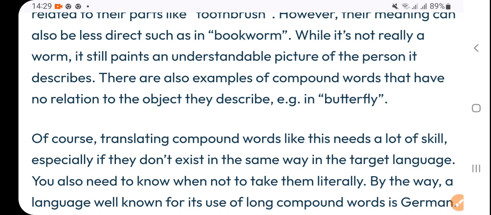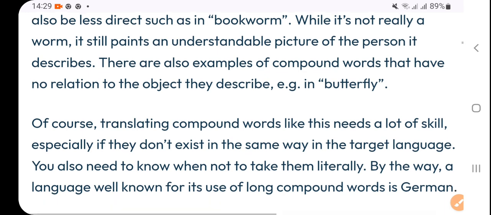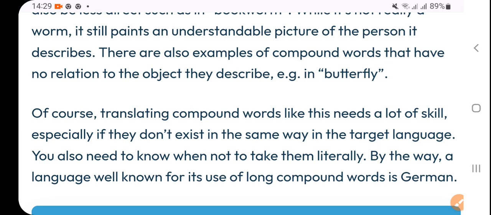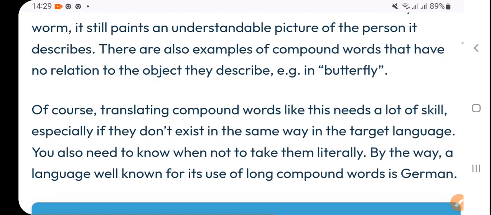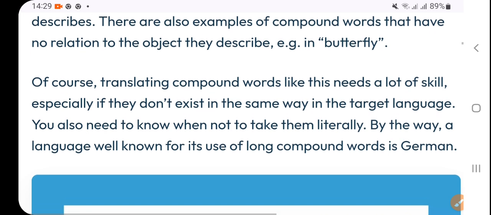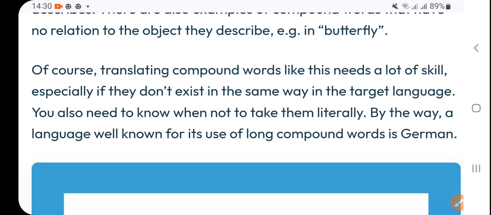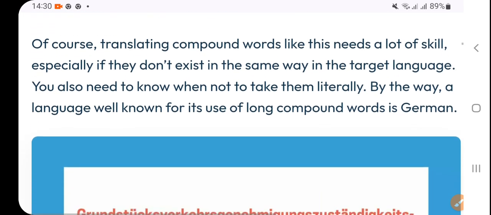While it is not really a worm, it still paints a vivid picture of the person it describes. So there are also examples of compound words that have no relation to the object they describe. Butterfly, right? So such kind of things.